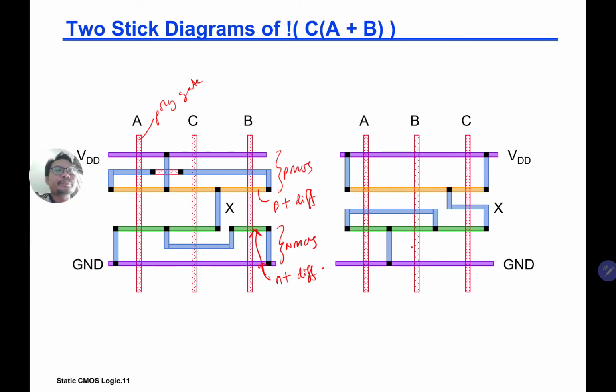The green side there is actually your N plus diffusion. So for your transistor, for example, here is the gate of A, and here you have the source and the drain.